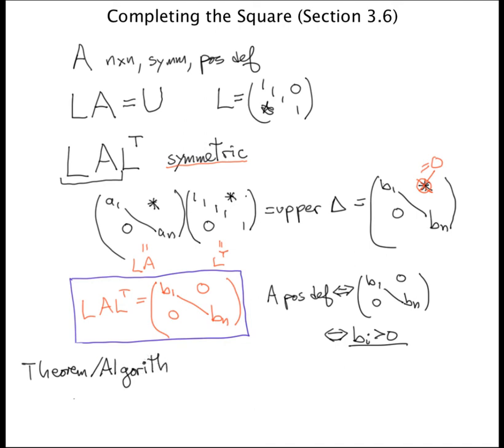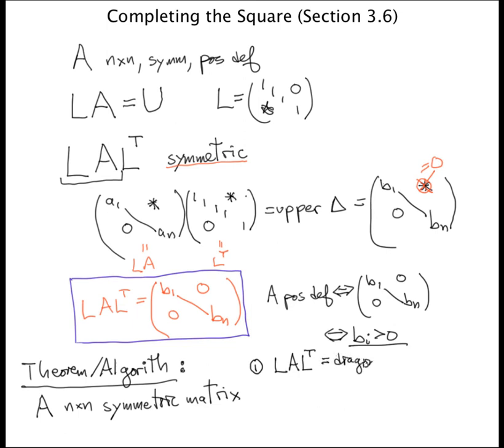The theorem says that if A is an n by n symmetric matrix, then first, L A L transpose is a diagonal matrix for some L lower triangular.